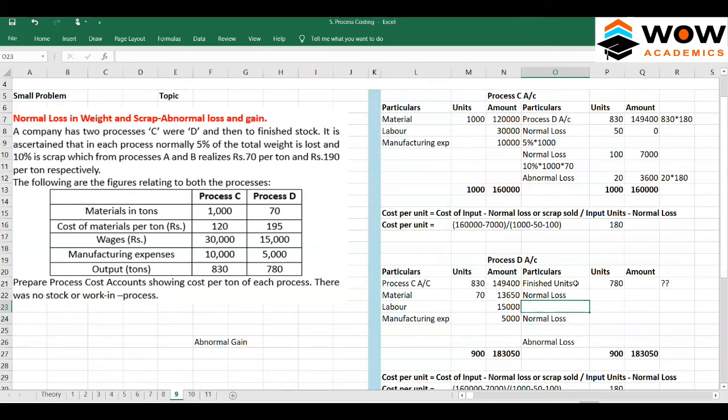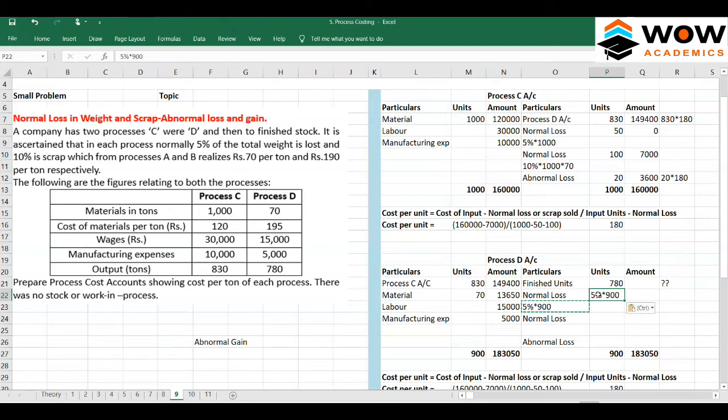Okay, we know the normal loss. He says 5% of the input. The input does not refer to the 70 alone, it's both 70 and 830 that have come to the process.